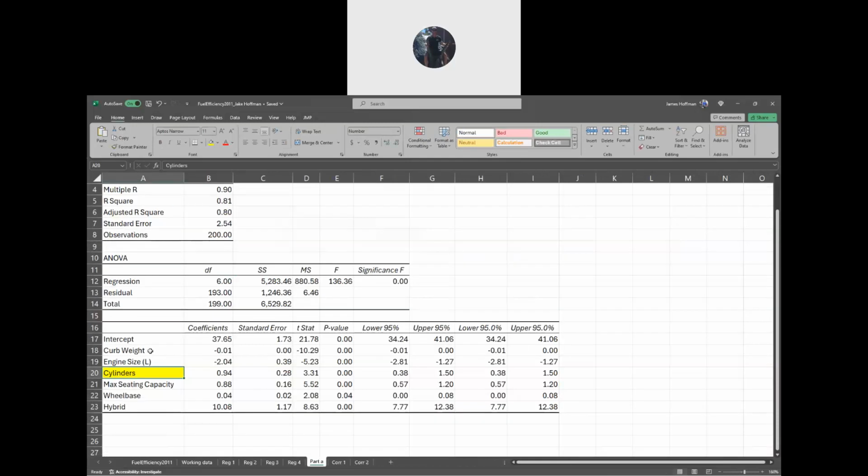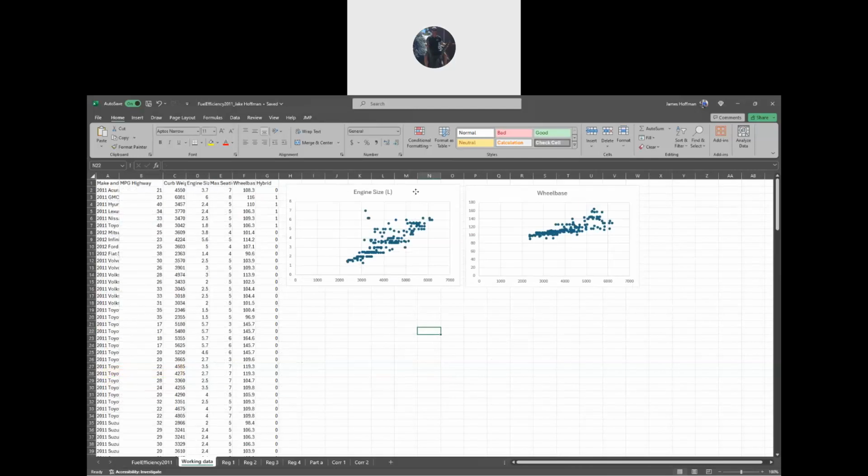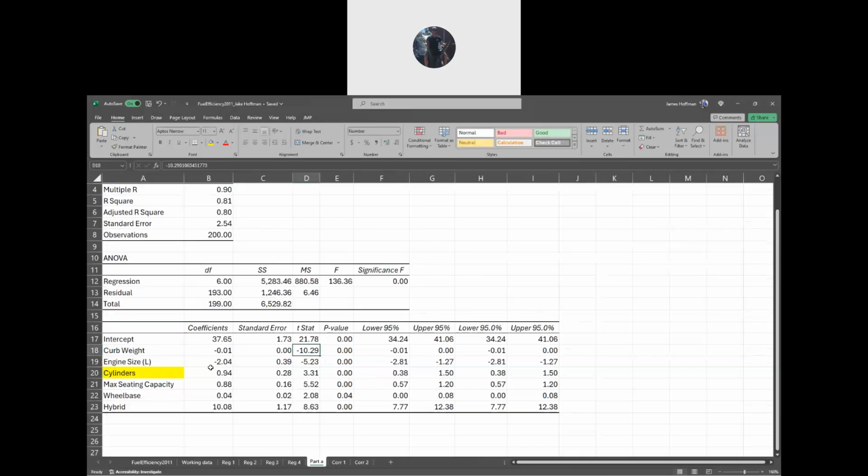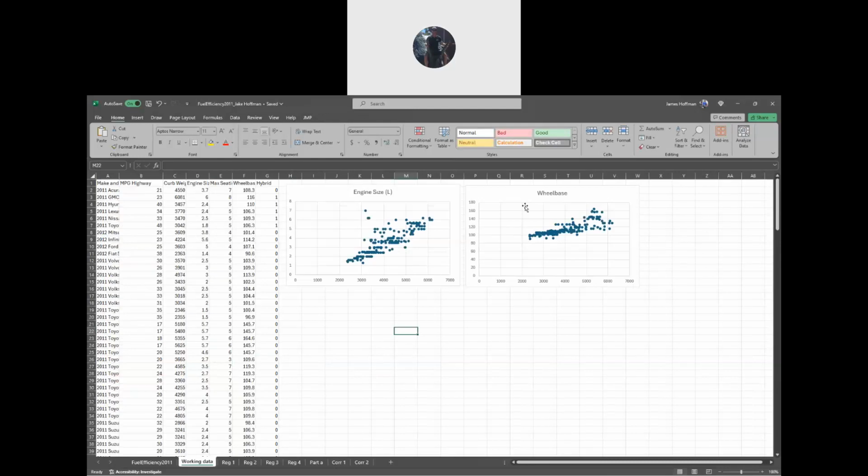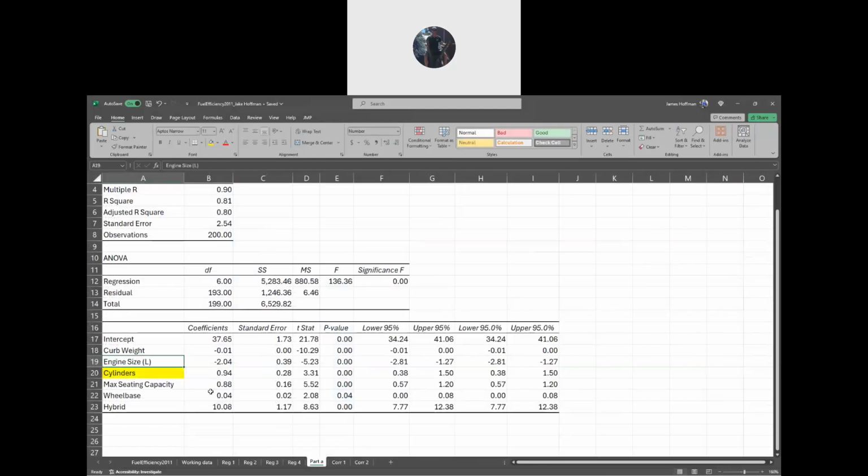If I look at the results for curb weight, I don't know if I want to take that one out because engine size, curb weight, or wheelbase, curb weight. Let's see.